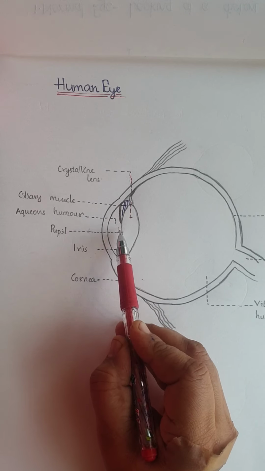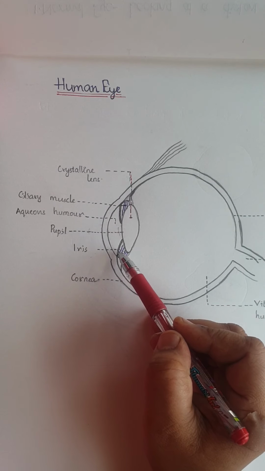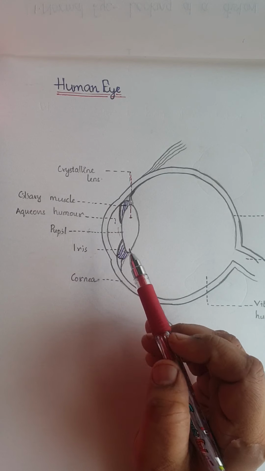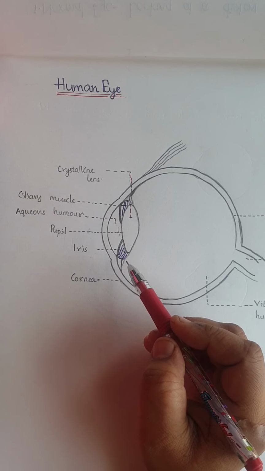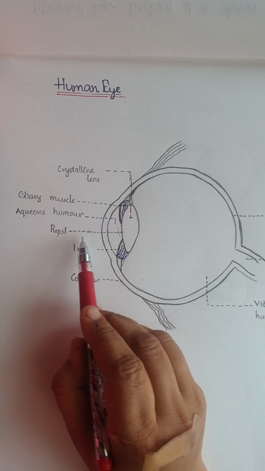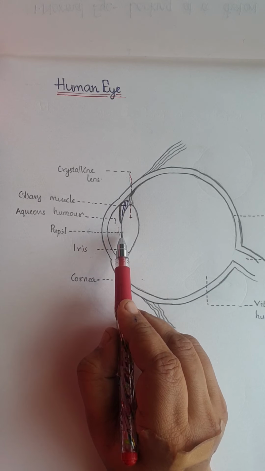This opening is known as pupil. The iris controls the amount of light that enters the pupil.